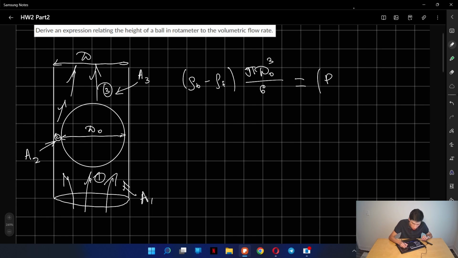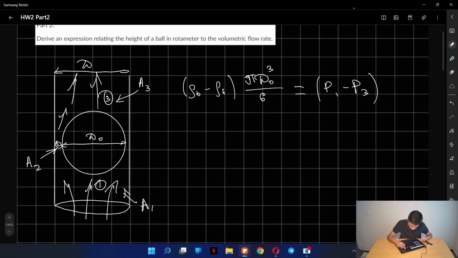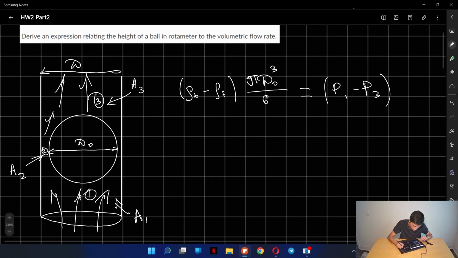So it's pressure at 1 minus pressure at 3, times the cross-sectional area, which is pi D squared over 4. Okay, so that's our force balance.